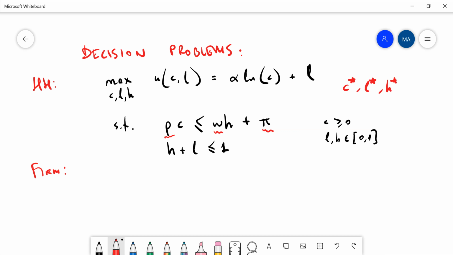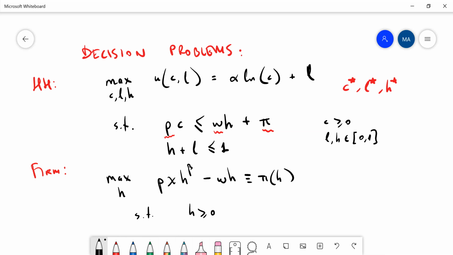Now, the firm problem could also be written as a profit maximization problem. So what is the profit? P times X times H to the beta minus WH, right? And here, the firm chooses the labor demand without any constraint other than this. So this is profit as a function of labor input.